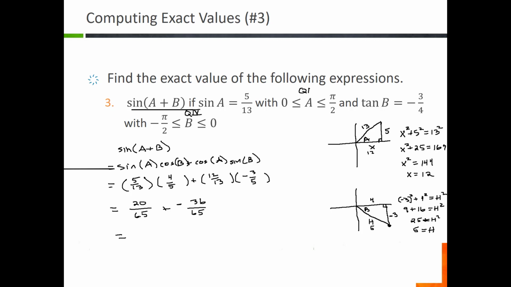And so if we combine our fractions, and nicely here we have common denominators, so 20 plus a negative 36 would be a negative 16 over 65. Okay, and so even though we never actually found out what angles A and B actually are, we just knew what their ratios were, and so from the ratios we can do Pythagorean theorem and find the missing sides of the triangles, and that allows us to figure out all of our trig values.